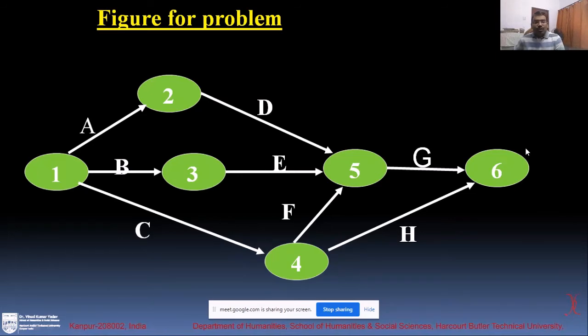Now to reach 6, you have this route path, right? Another route is this, you directly move like this. Another route is you can move like this. There is a fourth way that you can move like this.